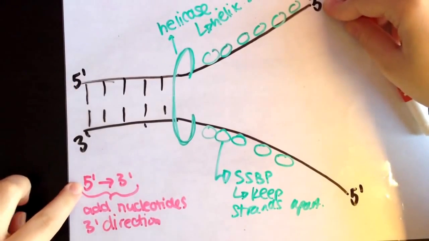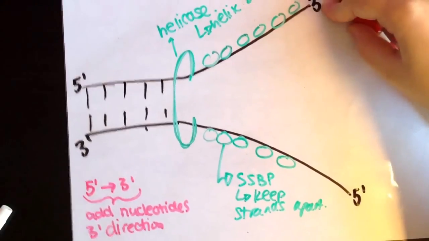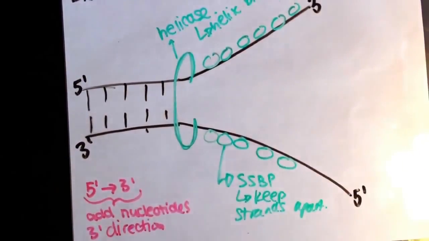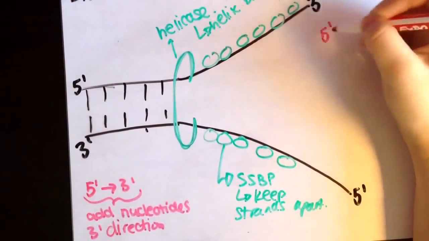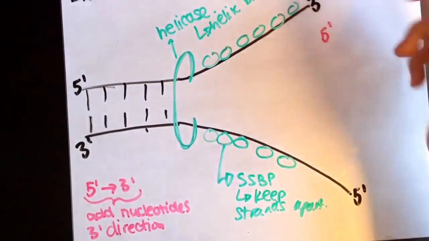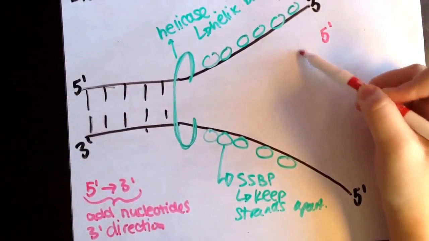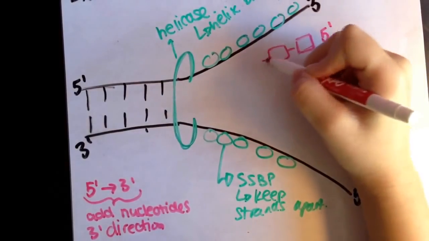So, like I said over here, DNA can only be built from a 5' to 3' direction. Since DNA is anti-parallel, if this is, let me do it in red, if this is my 3', then I'm going to have a 5' being built, right? Because it's always built anti-parallel. So, since this is 5', it's being built onto a 5' to 3' direction, right?